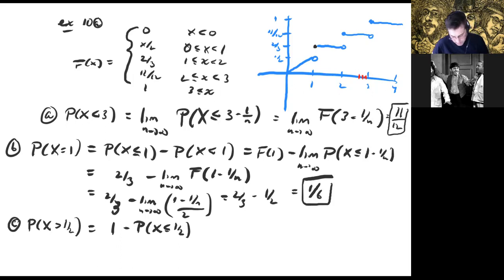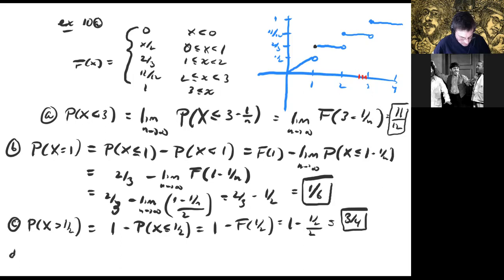And this is the same as 1 minus f of a half. But f of a half, if you go to the graph, is 1/2 over 2. So it's 1 minus a half over 2, which is 1 minus a quarter, which is 3/4.